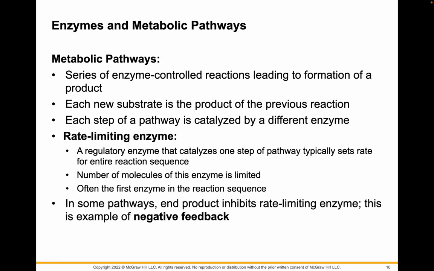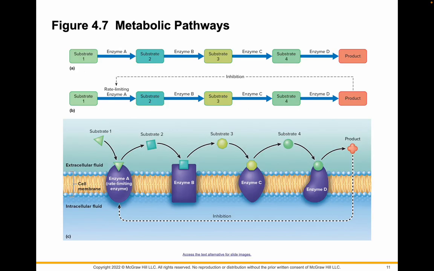And we saw that oftentimes these enzymes work together to control a metabolic process in what's called a metabolic pathway. And so substrate 1 will fit in enzyme A, which will make a product, which is substrate 2.